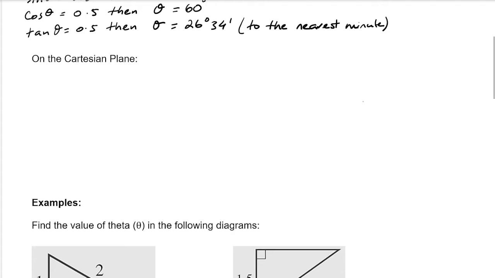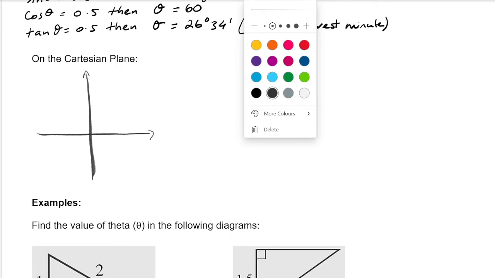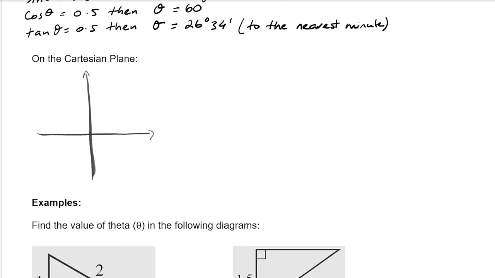If I quickly draw up a Cartesian plane, put my y and my x on, and chuck in a line just like this, there's a line. It's pretty random.